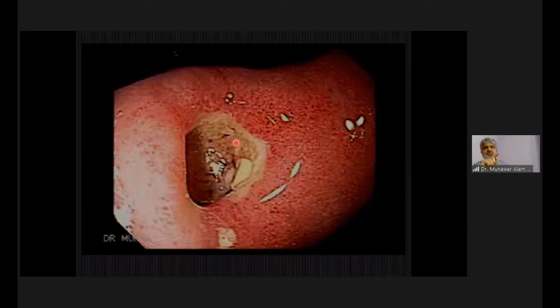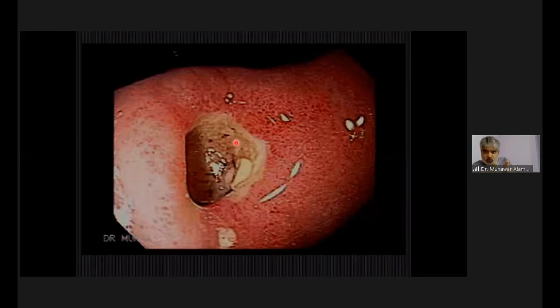Contraindication. If suppose the patient is already suffering from the peptic ulcer or gastritis, or gas due to some other reason, what could be the reason? I'm not going into the details of the reasons of the peptic ulcer. So if you prescribe such sort of a drug in the patient already having the peptic ulcer, then definitely you might cause the perforation and the bleeding.